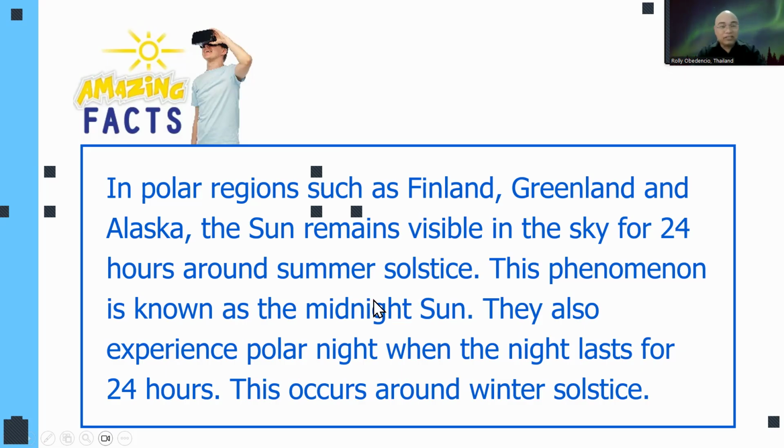This phenomenon is known as the midnight sun. They also experience polar night. What is polar night? When the night lasts for 24 hours. It's like, oh, when is the day coming? It's whole night time. All right? 24 hours. This occurs around winter solstice.